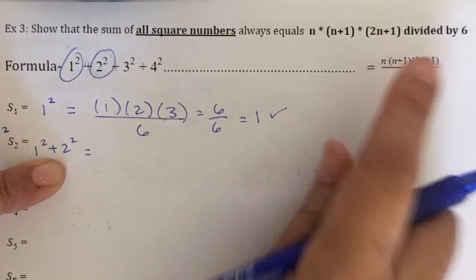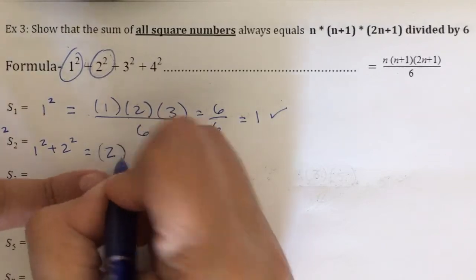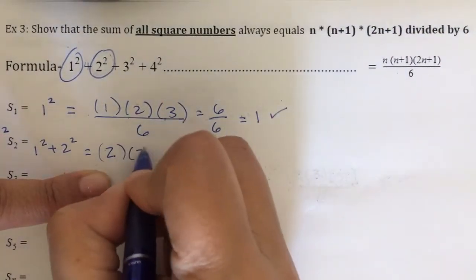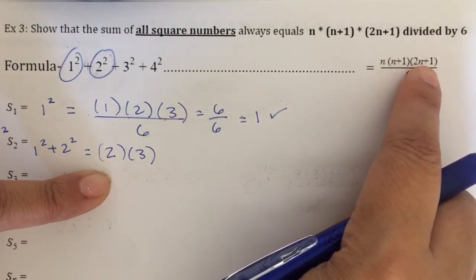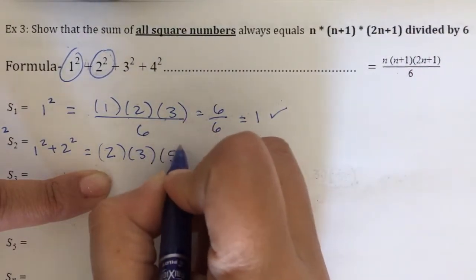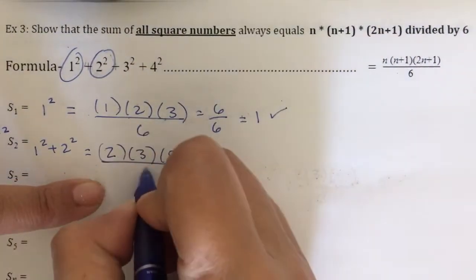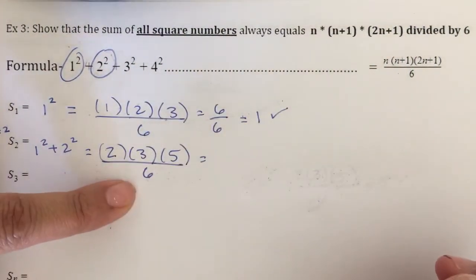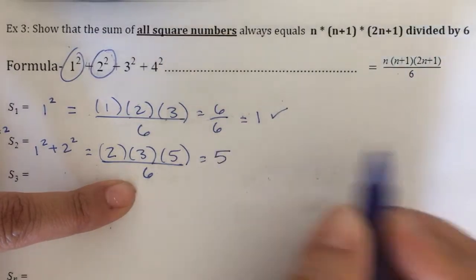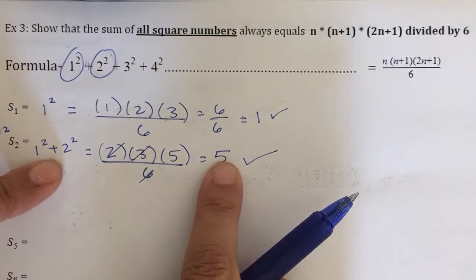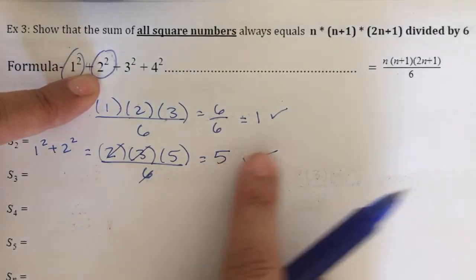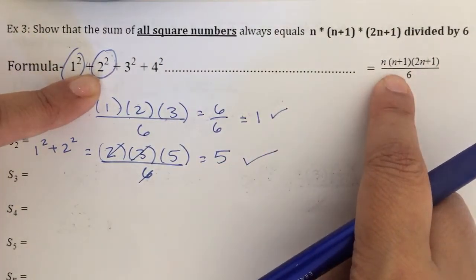Well, if I plug it in on this side, it's going to be 2, 2 plus 1, and 2n plus 1, that's going to be 4 plus 1, 5, all over 6. And that equals 5, because that's 6 divided by 6. So again, 5 equals the sum of the first 2 square numbers. So you're just checking that this side is equal to this side for any number.